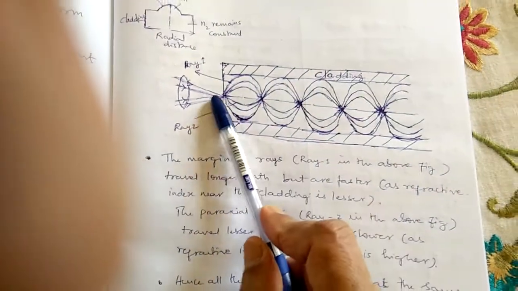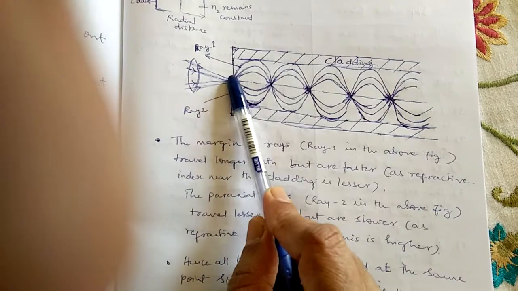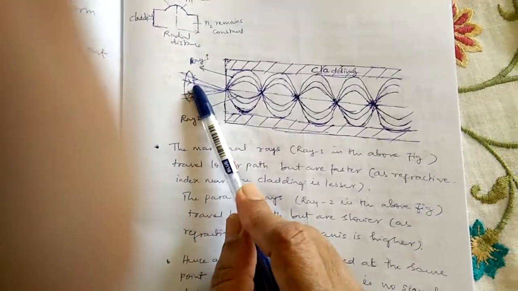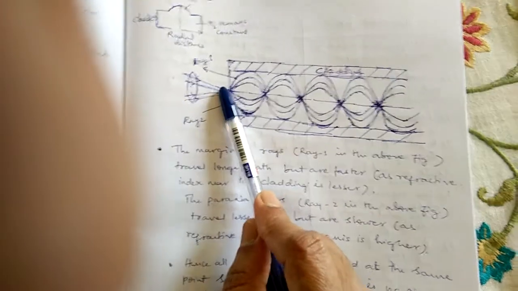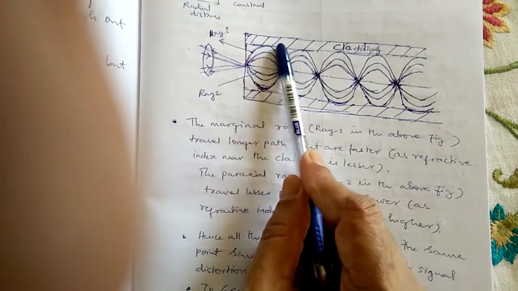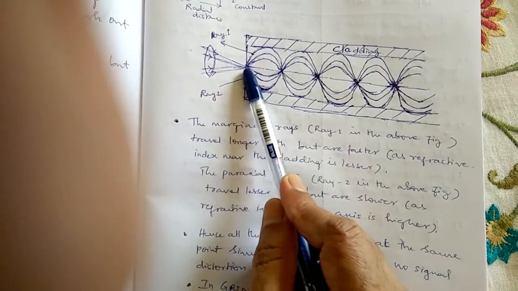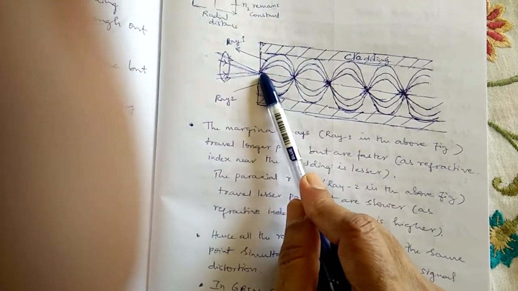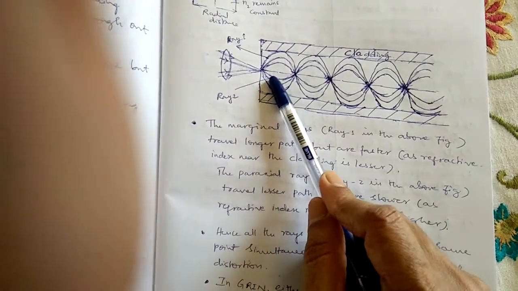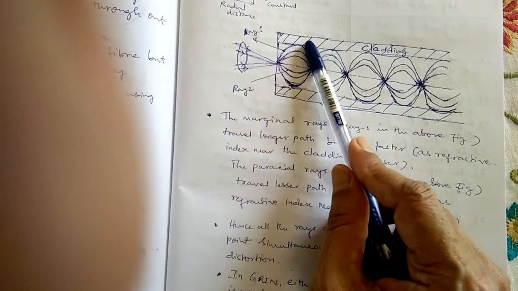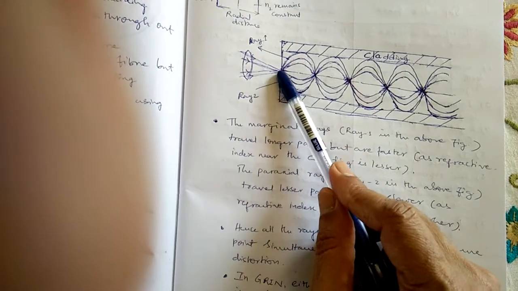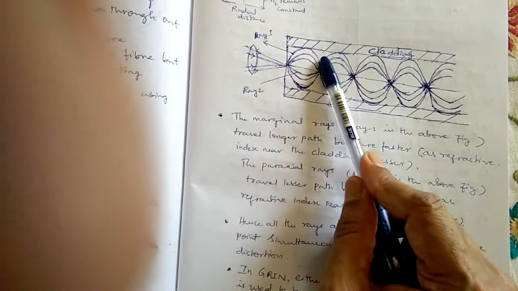You see, when light from a laser or LED enters the optical fiber, ray 1 is here, and ray 2. Let us consider ray 2 first. Ray 2 traverses a lesser path, and ray 1 traverses a longer path. So this is the shorter path and this is the longer path.